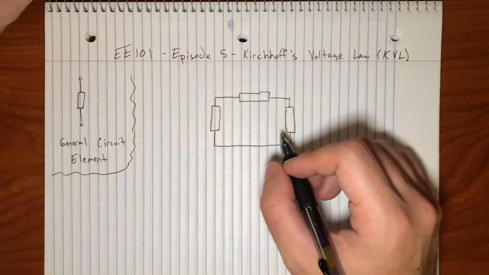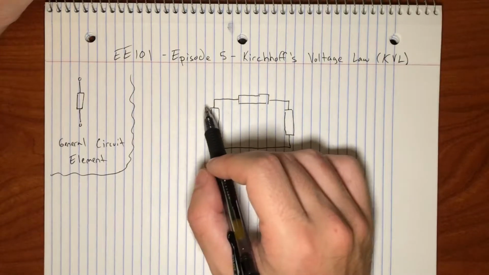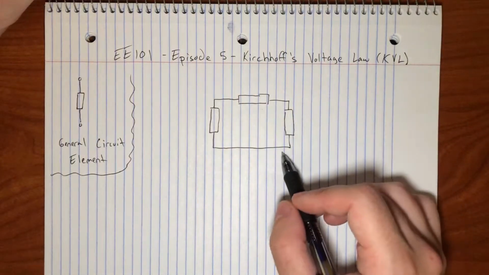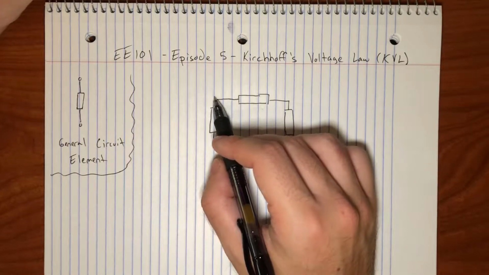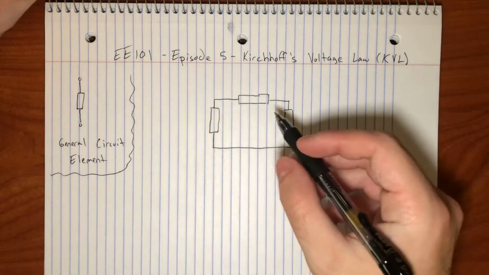So this is a loop, because if you pick a node and start there, and then you move through one or more circuit elements from node to node to node, you eventually wind up back at the node you started at. And yeah, I know that seems really obvious. It's a loop, right? But what you'll see moving forward are vastly more complicated circuits, and all you need to understand is when someone says a loop, this is the type of thing they're talking about.